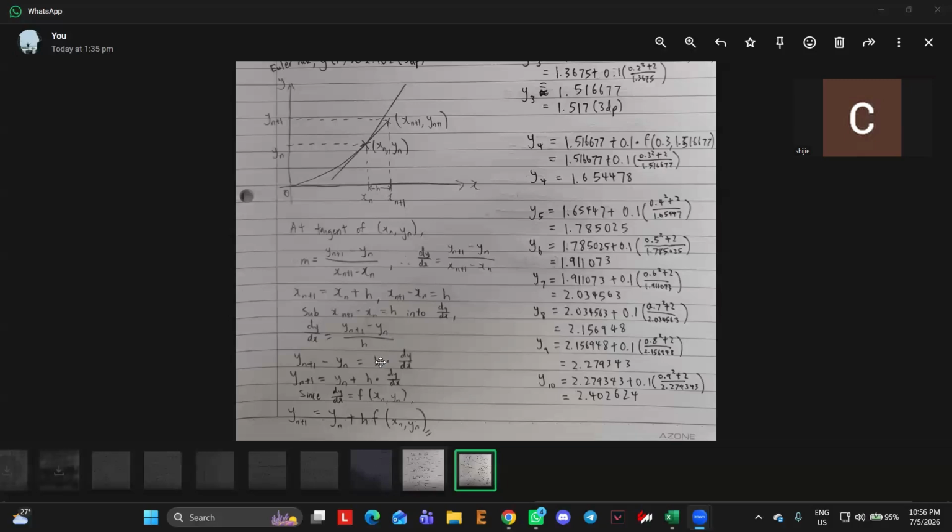Then rearranging it, we get yn plus 1 minus yn equals h times dy/dx. Since dy/dx equals f(xn, yn), we get yn plus 1 equals yn plus h times f(xn, yn), which is the Euler formula.